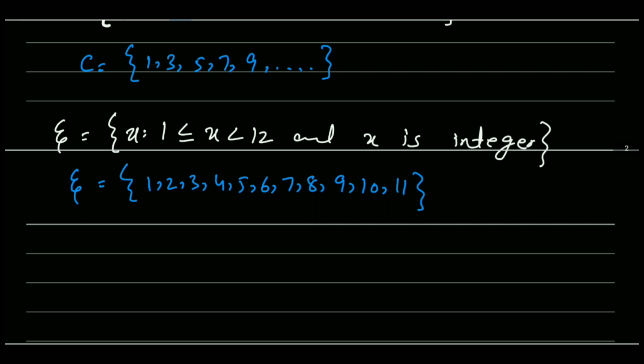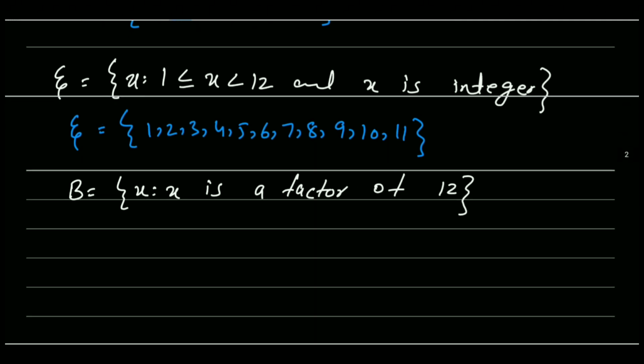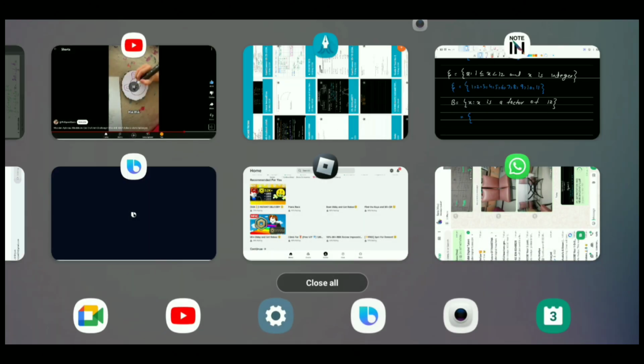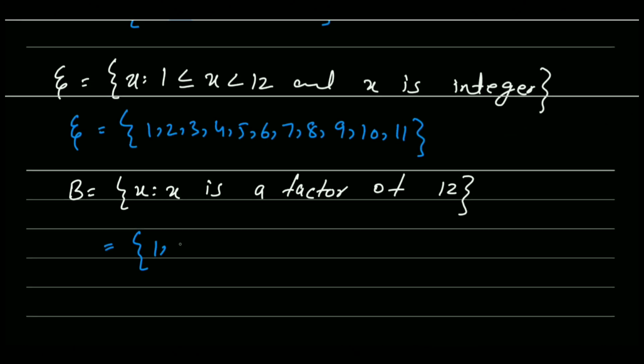So if the question is to write factors of 12, if B set is X such that X is a factor of 12, how will we write it in a listing form? 1 is a factor of 12, 2, 3, 4 and 6, these are all the factors of 12.